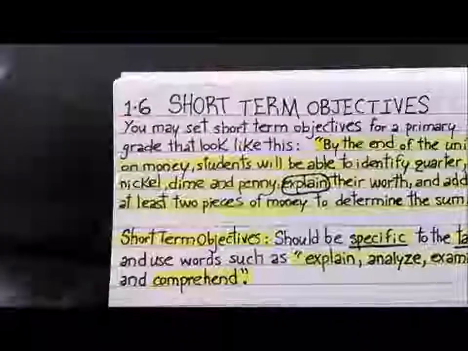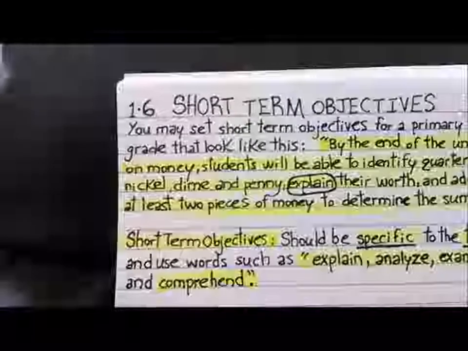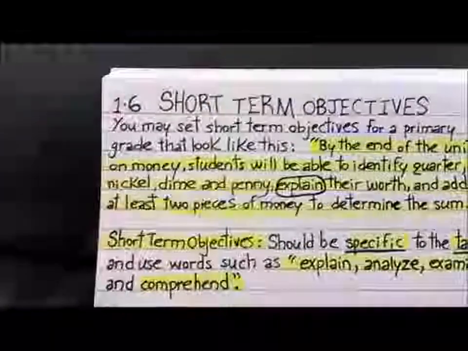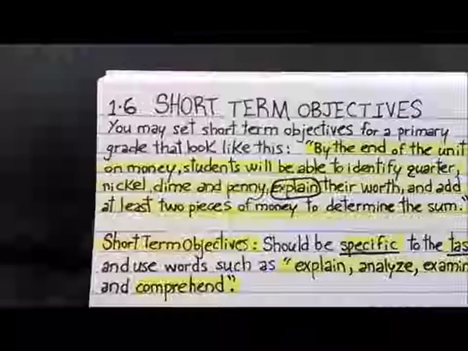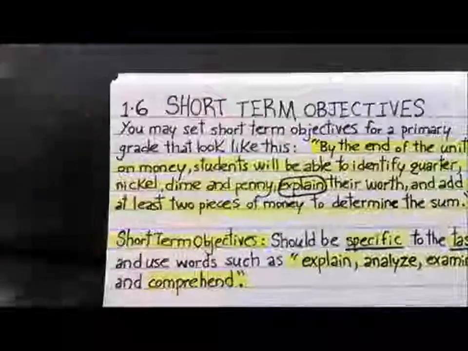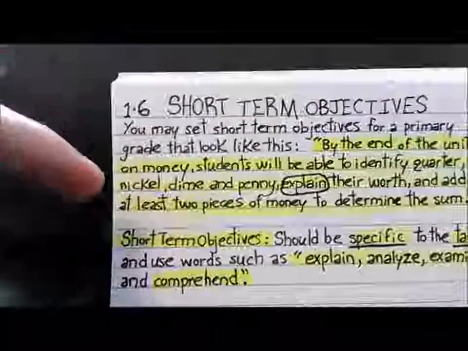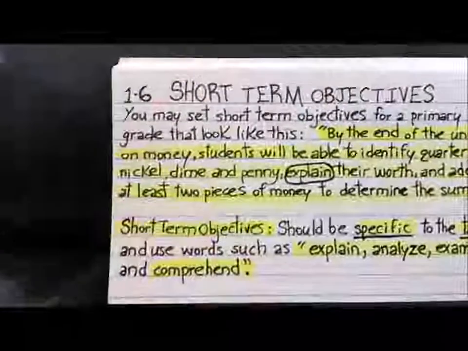Short-term objectives. You may set short-term objectives for a primary grade that looks like this. By the end of the unit on money, students will be able to identify quarter, nickel, dime, and penny, explain their worth, and add at least 2 pieces of money to determine the sum.